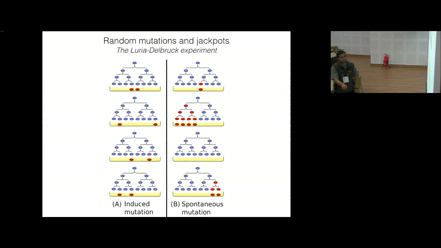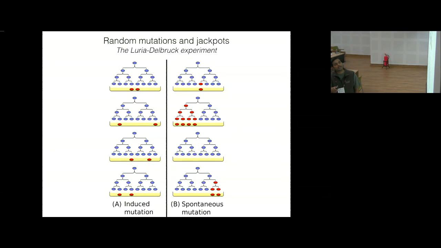So if the mutation is induced, if you take a mother culture and let it grow into daughter cultures and take those daughter cultures and plate them onto this bacteriophage, you should expect roughly the same number of colonies to survive, right? Because they're all reacting to the same stress that is applied, and you would expect the same number of resistant mutants to arise and so on.